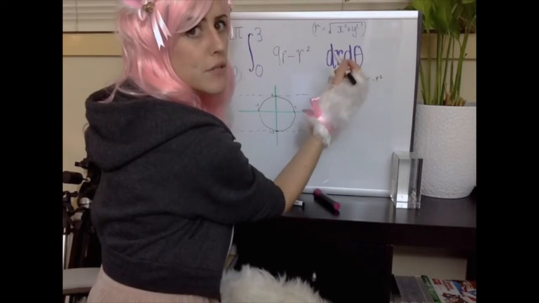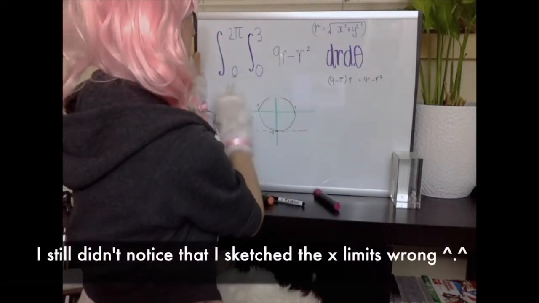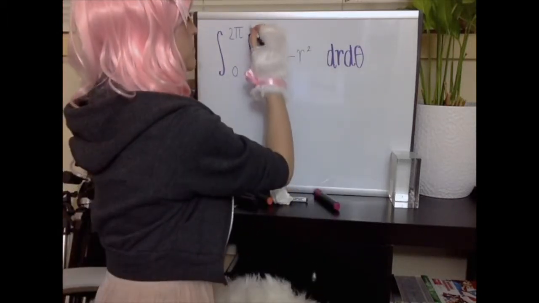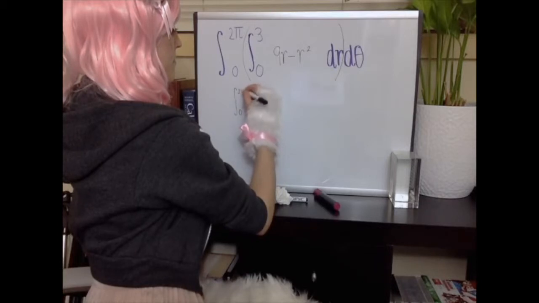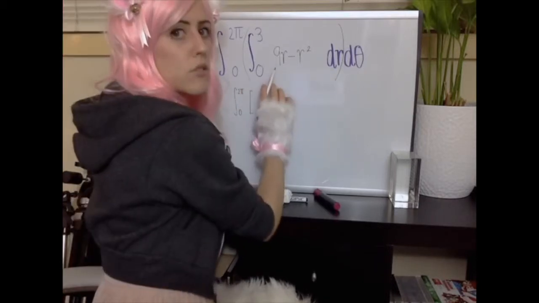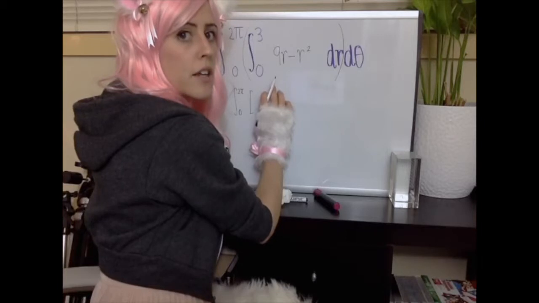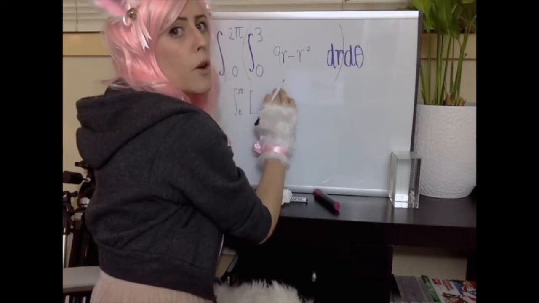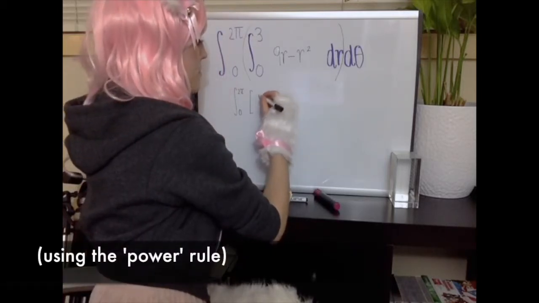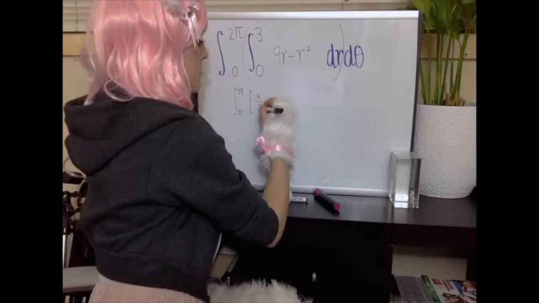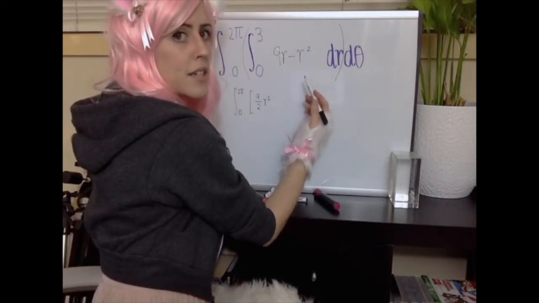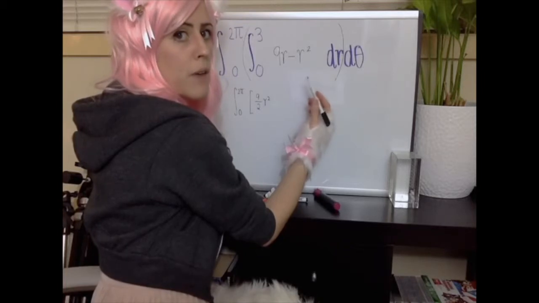First, let's integrate with respect to r. The integral of 9r is 9 times r to the power of 2 over 2. And r squared integrated is r to the power of 3 over 3.